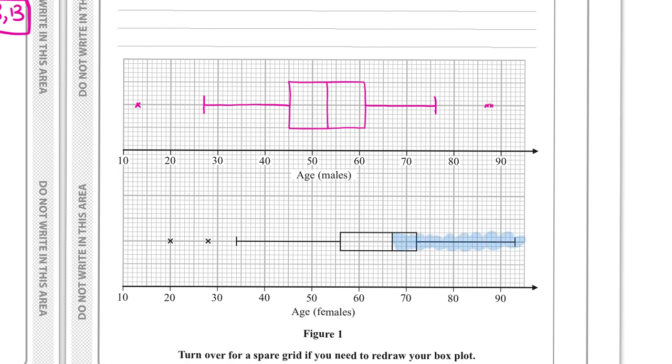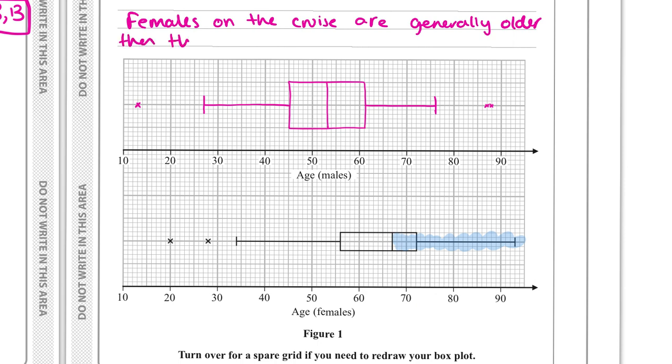Okay, so what we would say in terms of context is females. Are we talking about a cruise here? Yeah. So females on the cruise are generally older than the males.